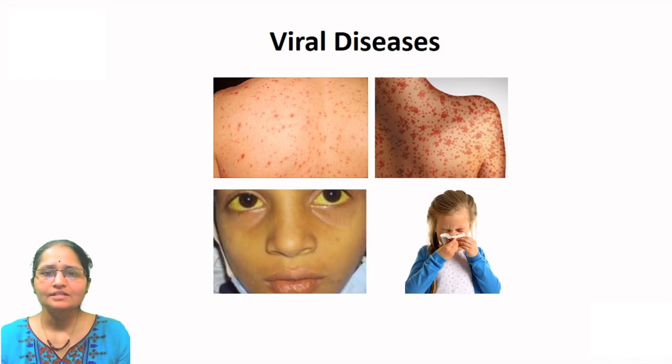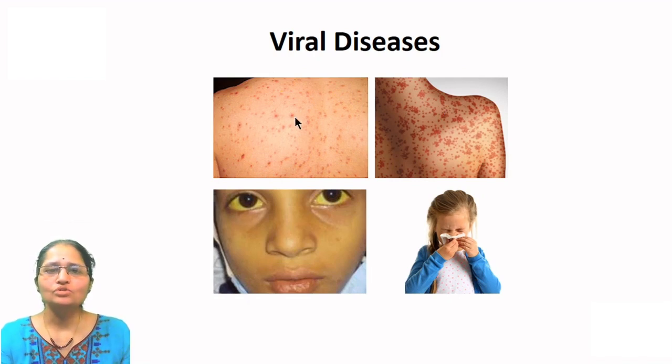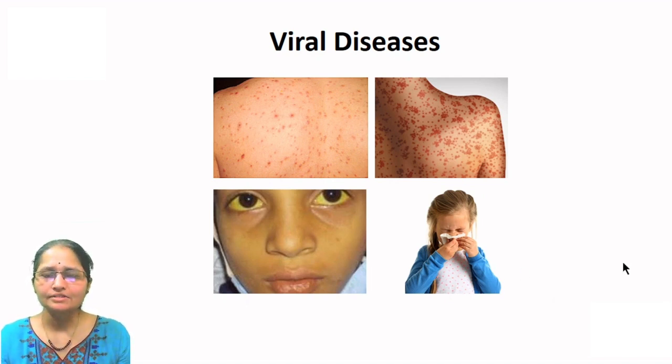The viruses cause different diseases in human beings, like chicken pox or measles or hepatitis or even the common cold. Students, the disaster which we are suffering from at present, the COVID-19 disaster, is also caused by a virus, and that is coronavirus.